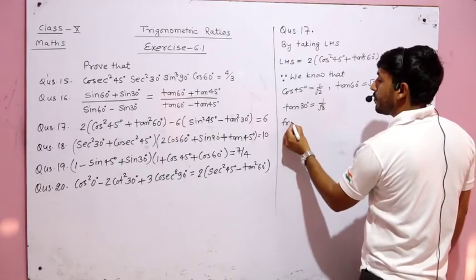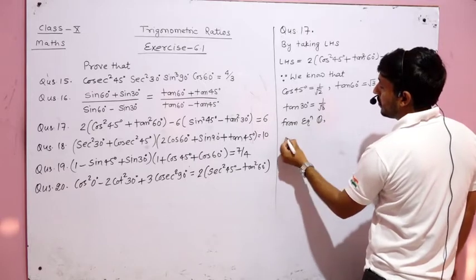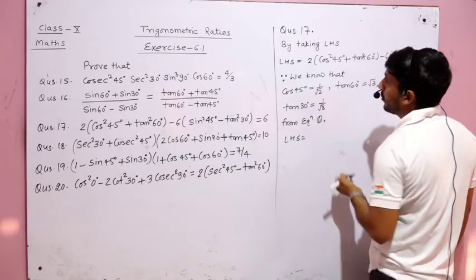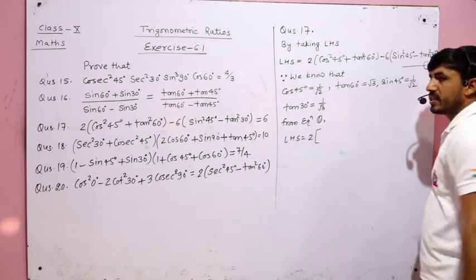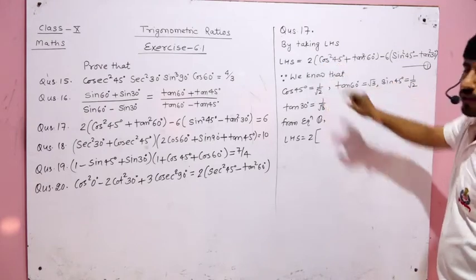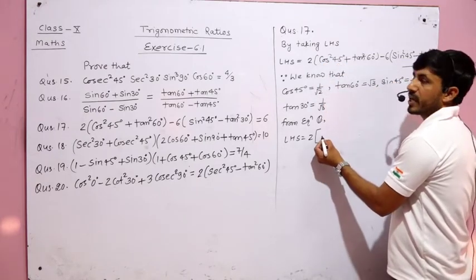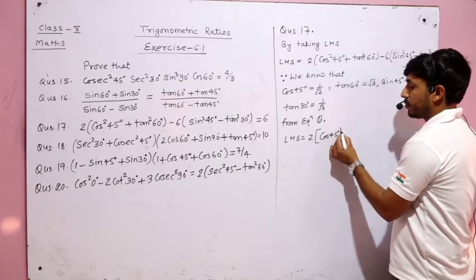Then from equation 1, we have LHS is equal to, first simplify the given equation number 1. Here you can see cos square 45 degree, and we can write it as the square of cos 45 degree.